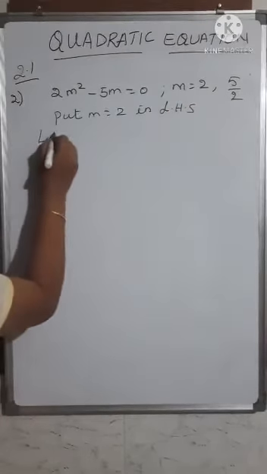So 2 into 2 square minus 5 into 2. 2 square is 4, 4 twos are 8, minus 10 which is equal to minus 2. So you get LHS is not equal to RHS. Therefore, m is equal to 2 is not a root of the equation.